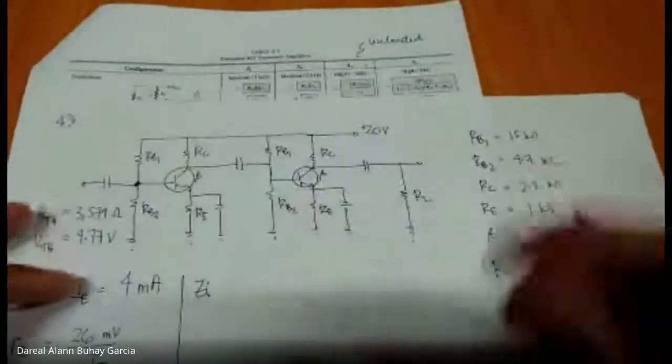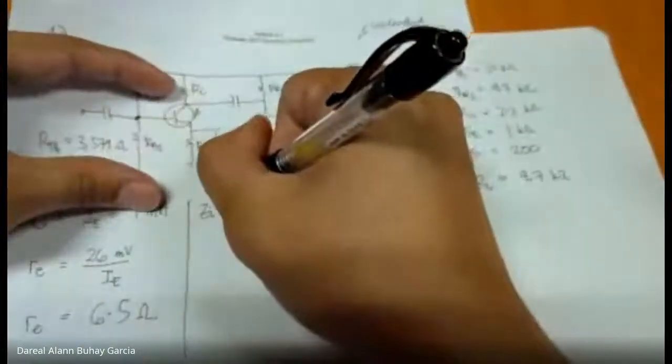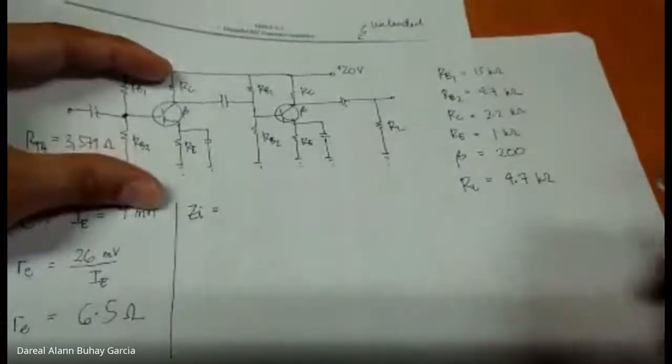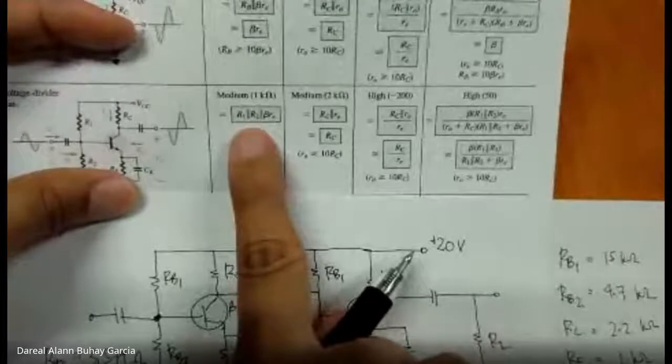Ato kaniha para sayon lang, para rin silang duha og kuan mga values. Pero natay duha ka amplifiers nga gina-consider. So the input impedance for both transistor amplifiers is so to nasa table, no? So di na to derive ha, table na lang. R1 parallel R2 parallel beta RE.